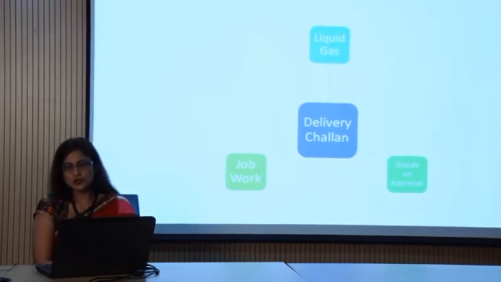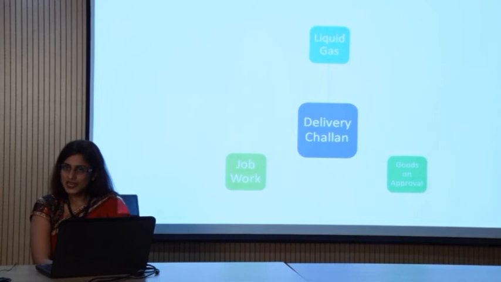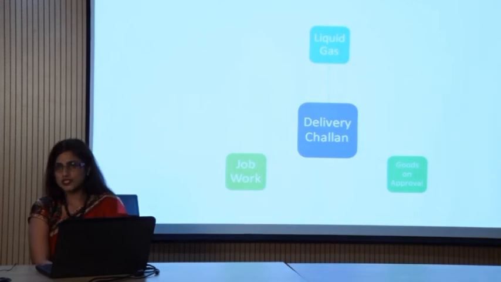So, in this situation, initially at the time of the movement of the sarees from Delhi to Maharashtra, a delivery challan will be issued. And for example, now the recipient approves only 80 sarees. What does it mean?